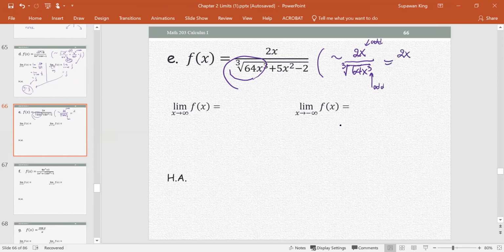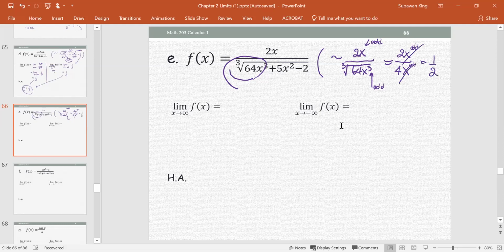The simplified form of the bottom is what? What is the cube root of 64? 4. And the cube root of x to the third is gonna be x, right? Came out to be the same. Since this is odd and odd, simplify 2/4.